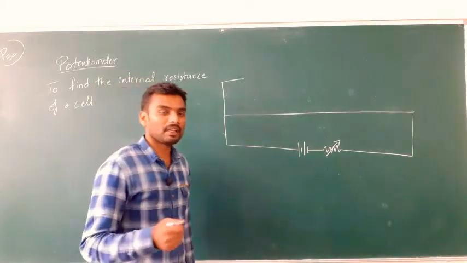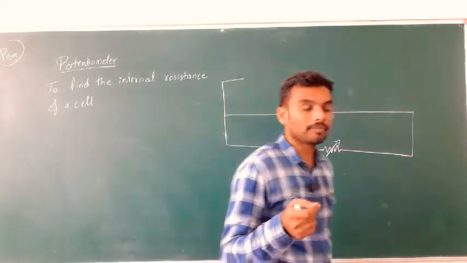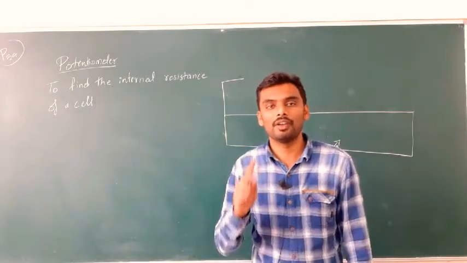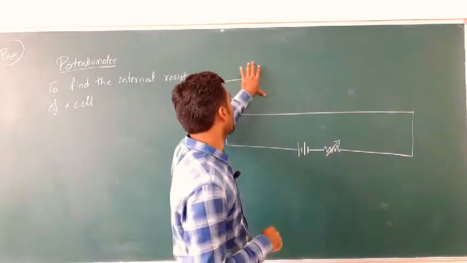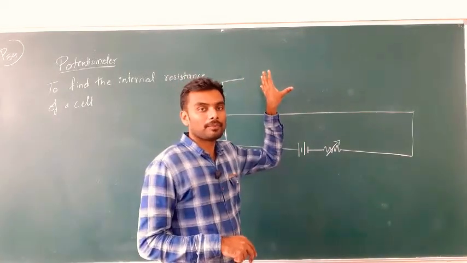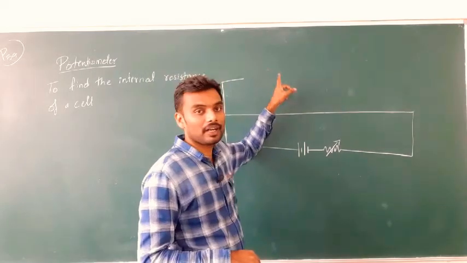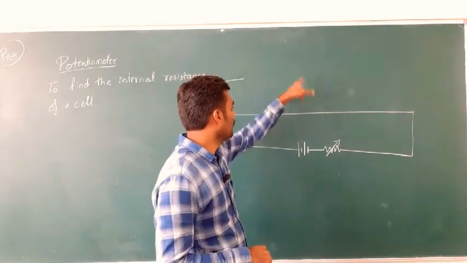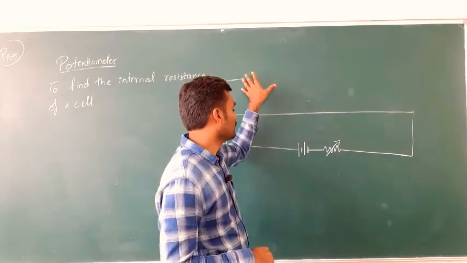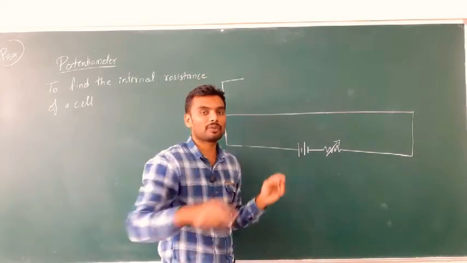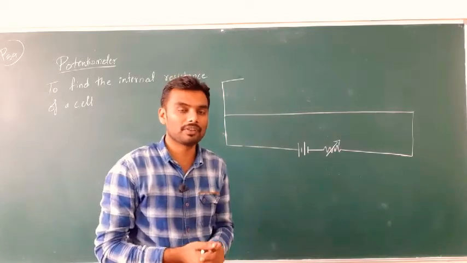Now in the last session, when we were discussing the first application, we had two cells connected in parallel in the secondary branch, and one cell is chosen at a time to balance the circuit, and hence the galvanometer reads zero deflection.